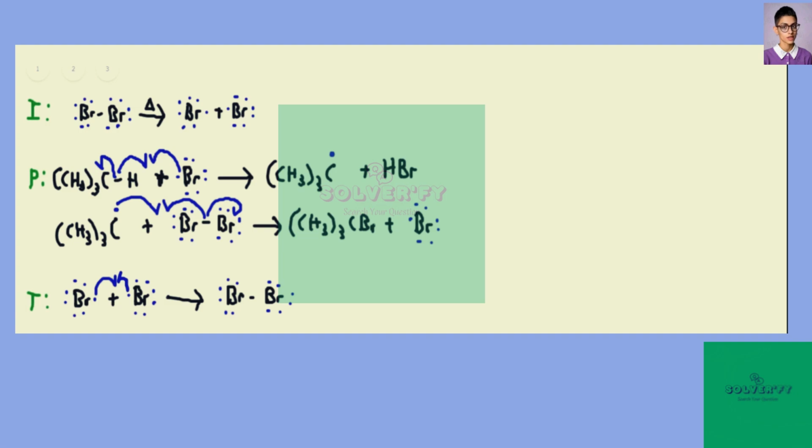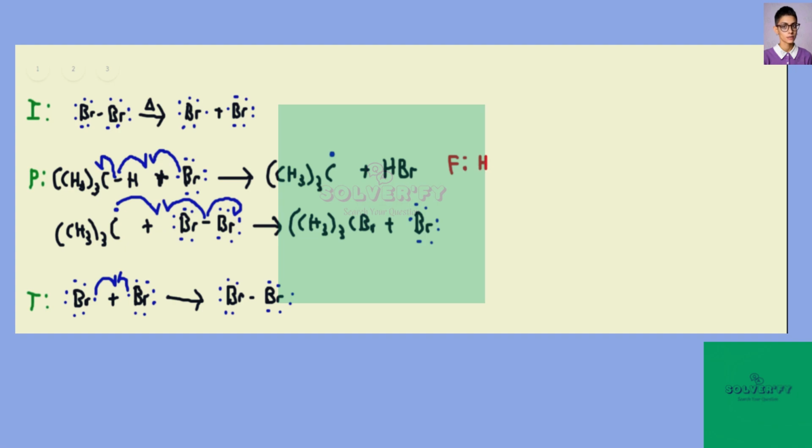For part C, we're asked to calculate the delta H naught for each propagation step. We have two propagation steps, and we're going to subtract the bonds formed from the bonds broken. For the first propagation step, we're forming an HBr bond.